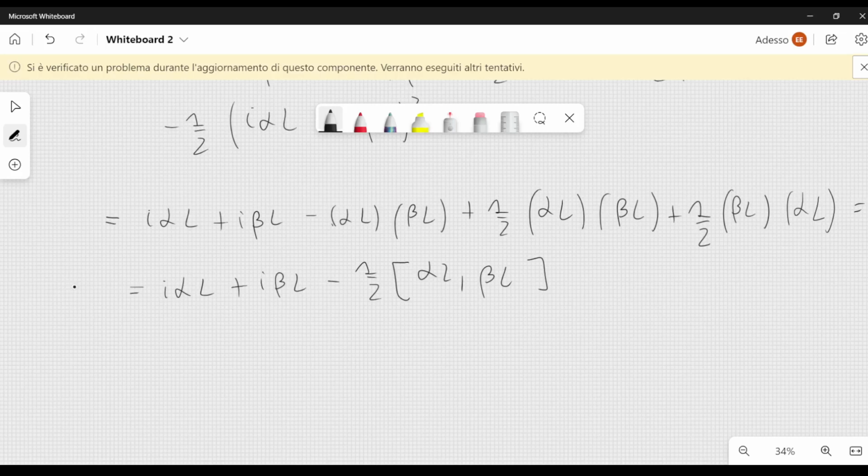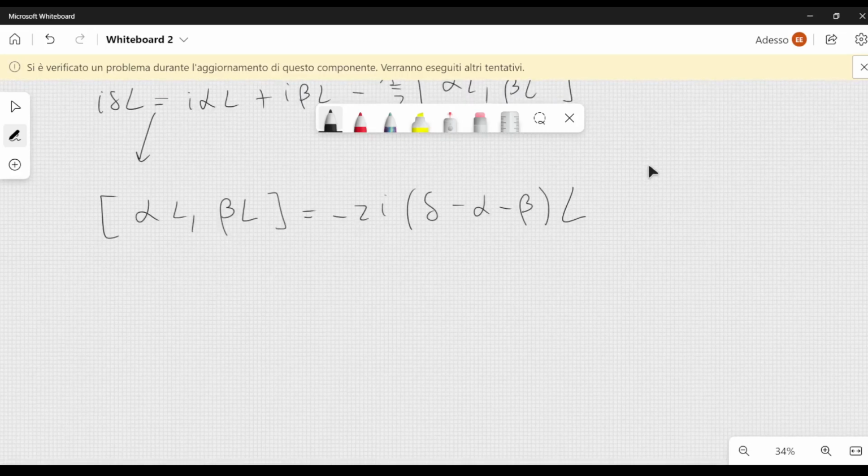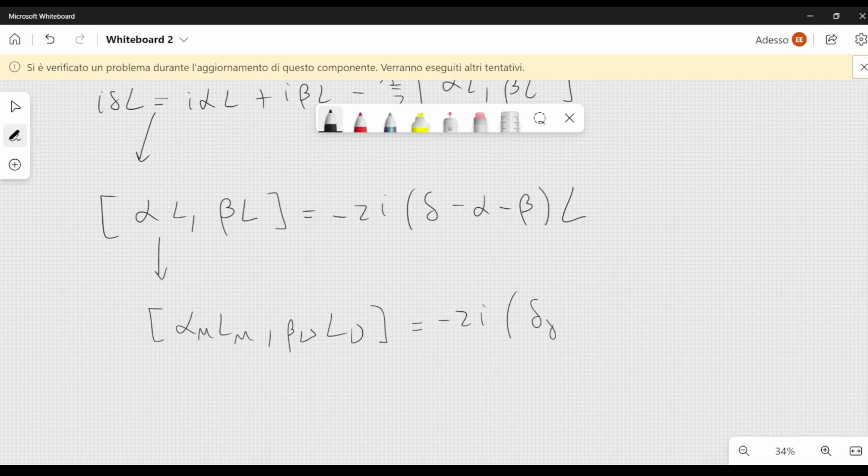So this is equal to I delta L. You can write the commutator of alpha L and beta L equal to minus 2I times delta minus alpha minus beta, L. And if we rewrite the indices, here we have the commutator of alpha mu L mu and beta nu L nu equal to minus 2I times delta gamma minus alpha gamma minus beta gamma, L gamma.